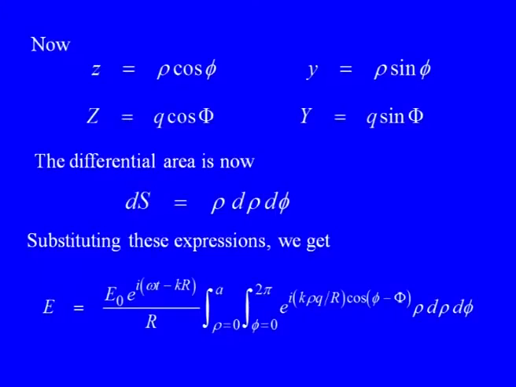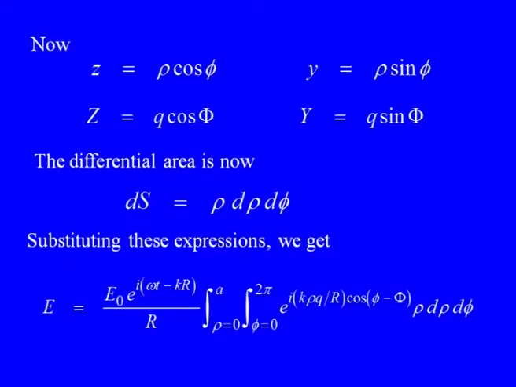So, now the small z is equal to rho cos phi, small y is rho sin phi, and for the point P, capital Z is equal to Q cos capital Phi and capital Y is equal to Q times sin of capital Phi. The differential area dS, which was dy dz, now is d rho and rho d phi.